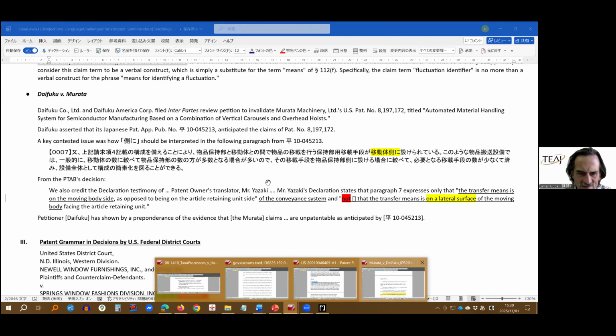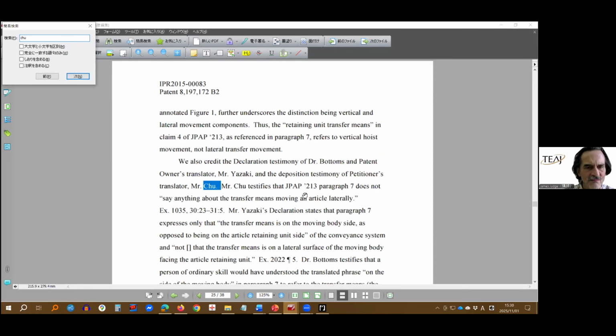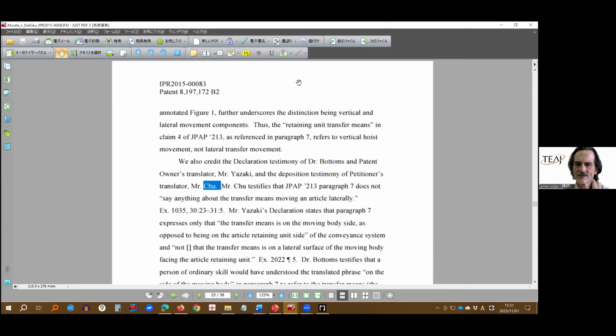I didn't read all of the details here. So the point is they had translators on either side.